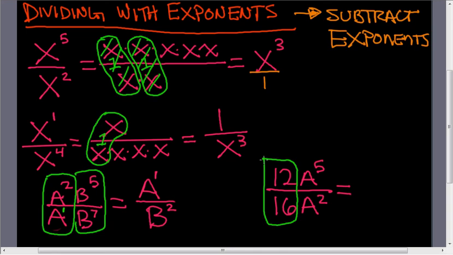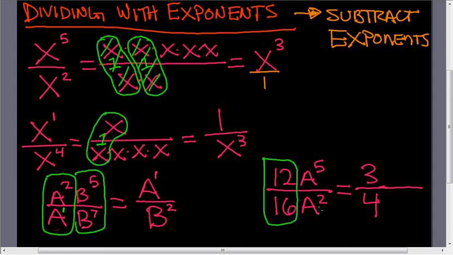No, so you just deal with them like you would a normal fraction, or a division problem. 12 over 16. Can you divide 12 by 16? No, but you can simplify it. Divide by 4, divide by 4 makes 3 over 4. This is just the first part here. I'm not dealing with the a and the 5. Just 12 over 16. The fraction simplifies to 3 over 4.